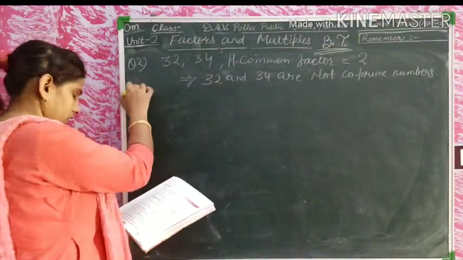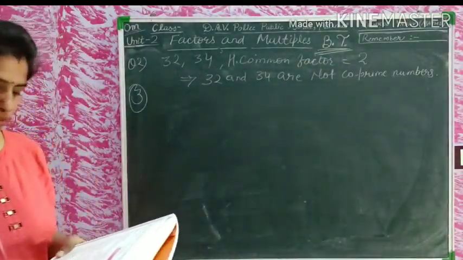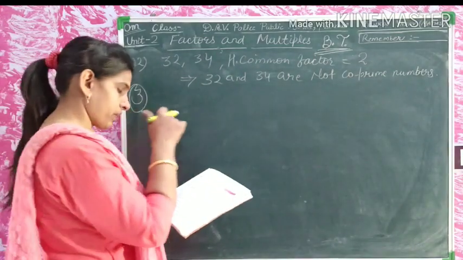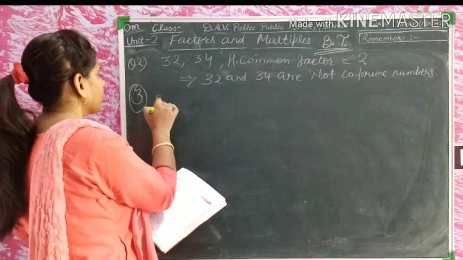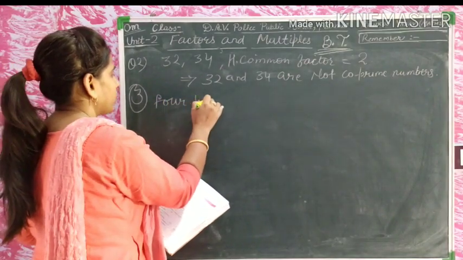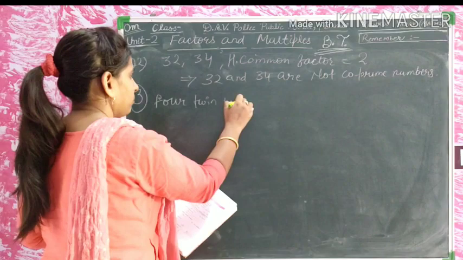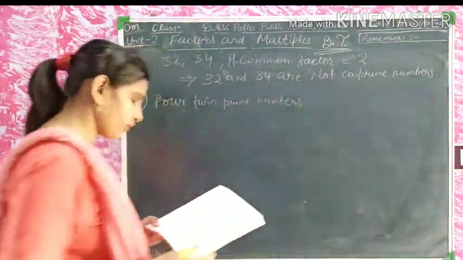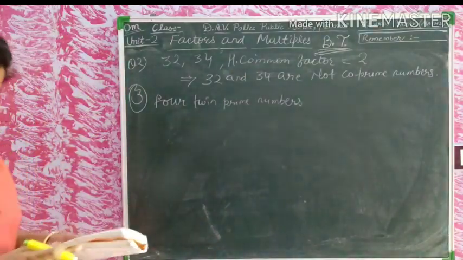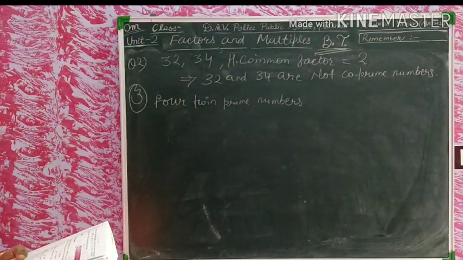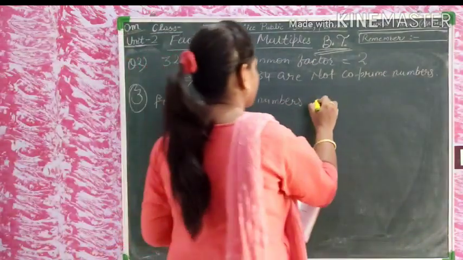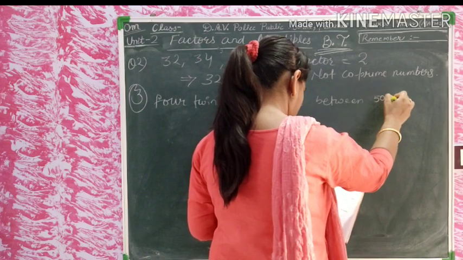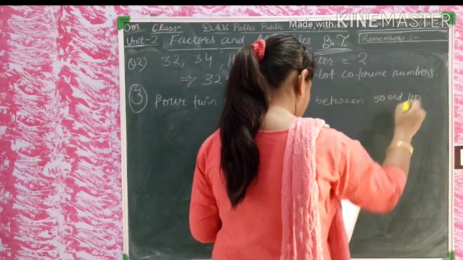Now we will take question number 3. In question number 3, we have to write any 4 twin primes between 50 and 110. 4 twin prime numbers. We have to find 4 twin prime numbers between 50 and 110.